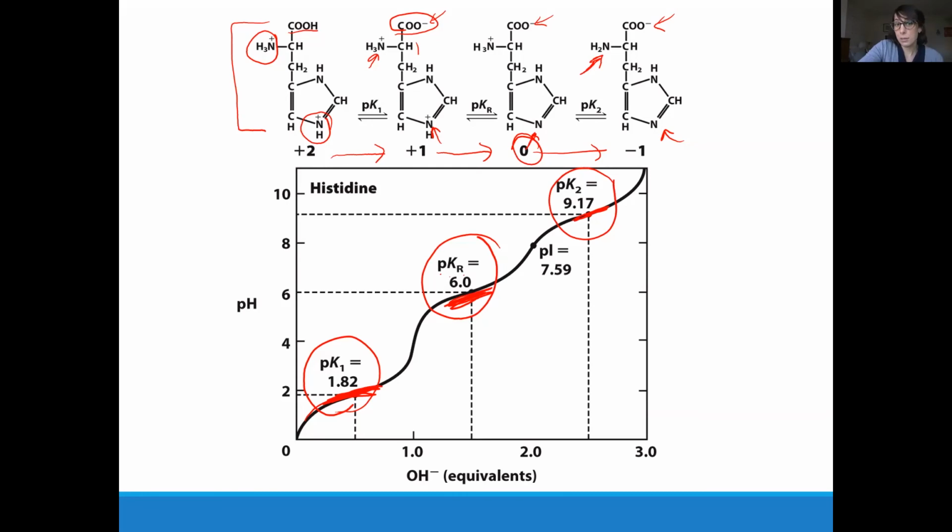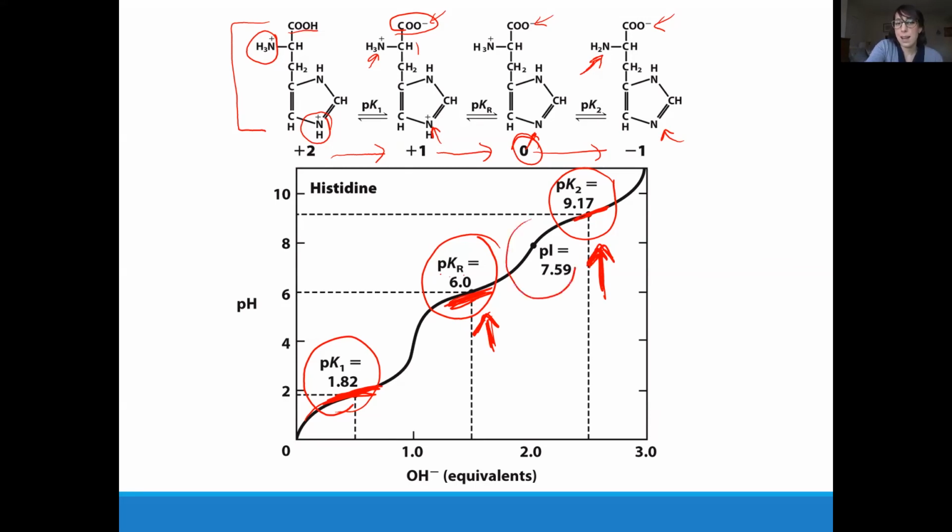The isoelectric point always marks where the molecule has a charge of 0. For this molecule, you can see that that happens between this point and this point. And that is where the pKa for the R group is, and the pKa for the amino group is.